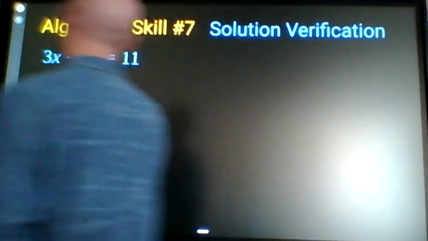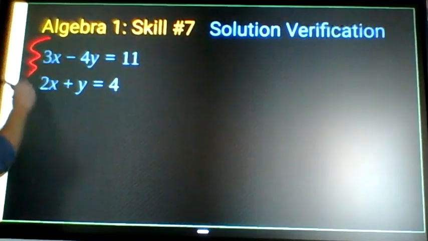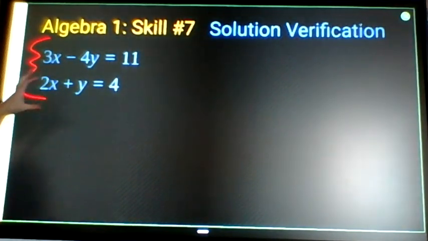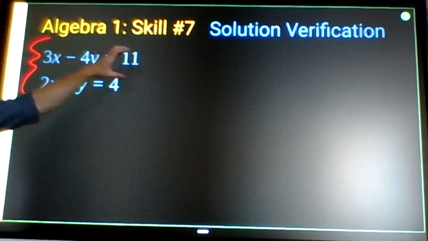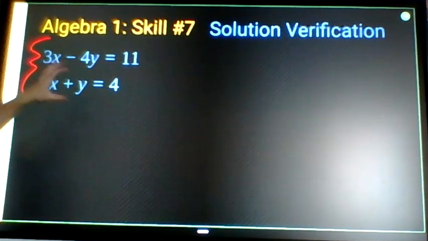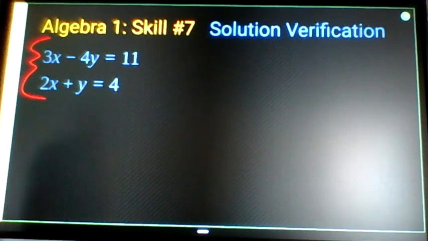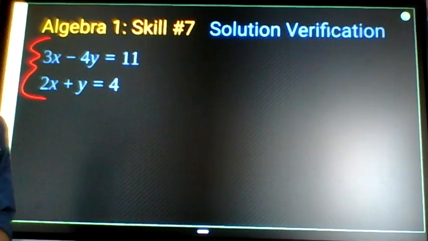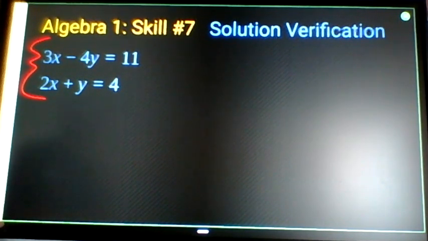If you have what is called a system of equations, meaning 2 equations in the same problem that are using the same variable values, a solution, in order for something to be a solution, it has to solve both of them. So for example, 2 times 2 is 4 plus 0. All right.